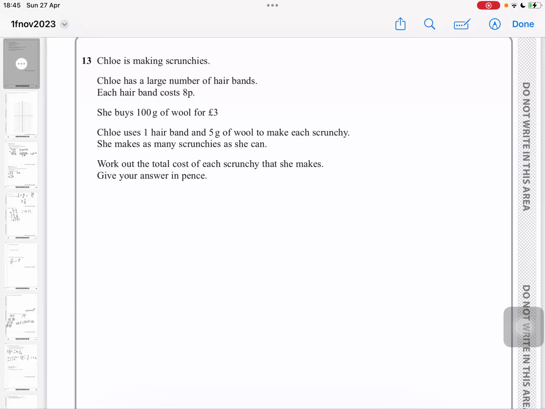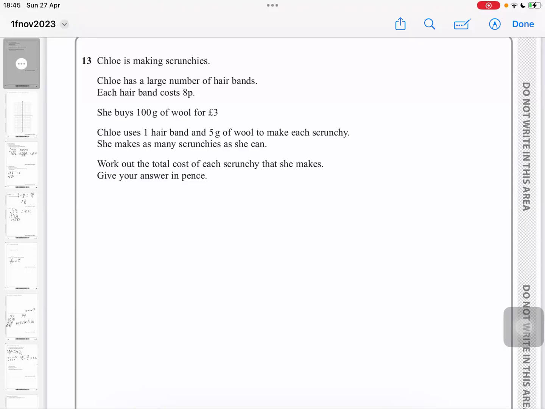What else? She uses one hairband and 5 grams of wool. Okay, so I can pick things out from there. One hairband. Remember, each hairband costs 8 pence. Remember that. She buys 100 grams of wool to make each scrunchie. 100 grams of wool.